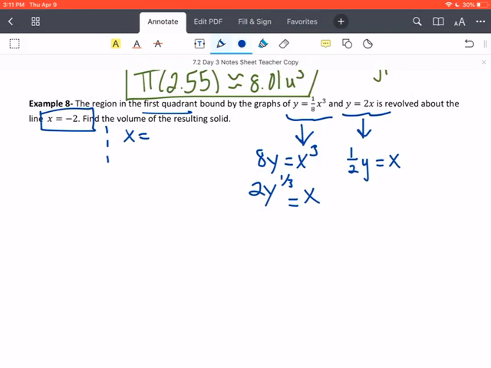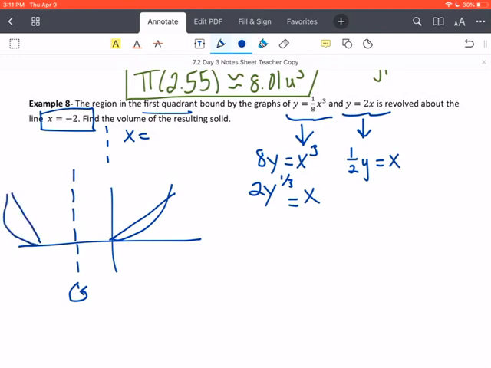Okay, so I have my cubic function looking like this, and I have my linear function looking like this when I put it into a graphing calculator, and then my axis of revolution is -2. So when I rotate, I'm going to have this shape with a giant hole in the middle there.